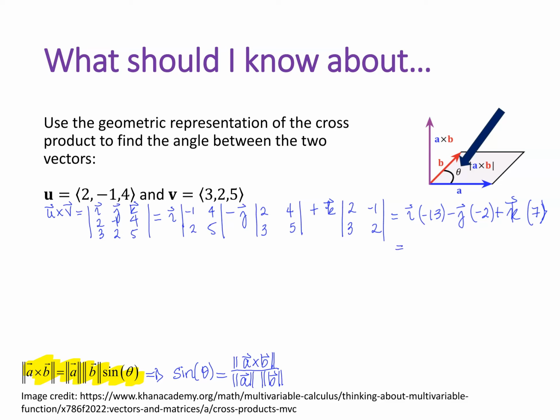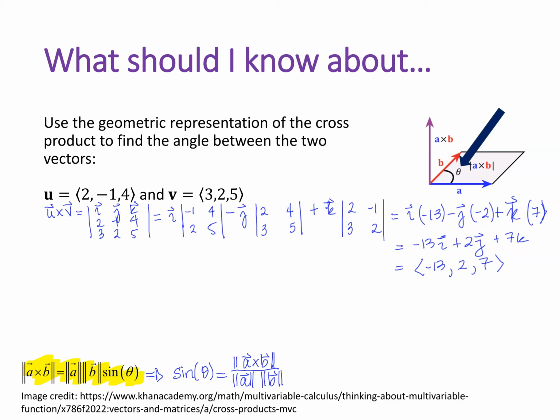So our vector here is negative 13i plus 2j plus 7k, or in component form, negative 13, comma 2, comma 7 in vector brackets. All right, so that's our cross product.